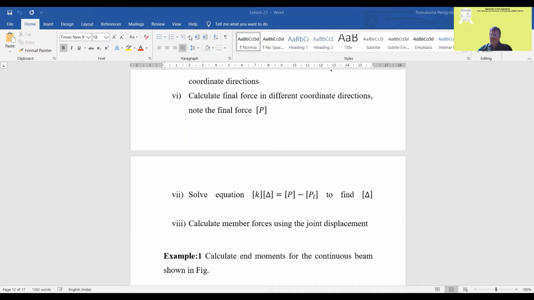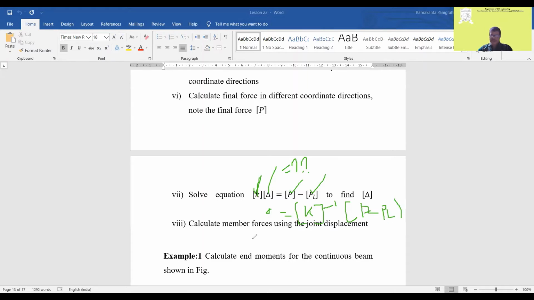So from this equation, we know the value of K. Delta is to be found out. What is the value of delta? P is known, PL is known, K is known. So as I've told, I write the inverse matrix. Delta is equal to K inverse times (P minus PL). From this, we can find out the value of delta.